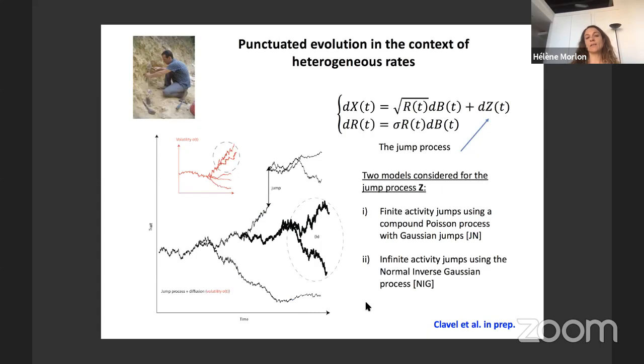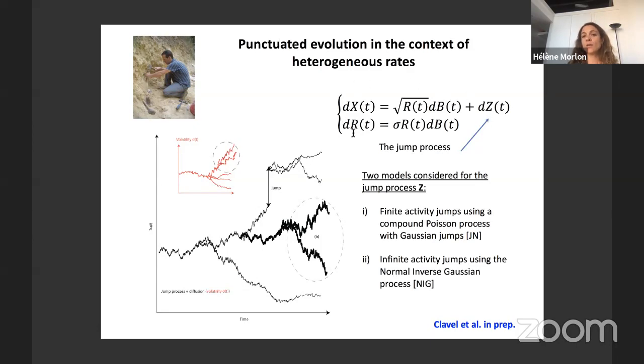However, we can think that these types of punctuated evolution again don't occur in a background rate of phenotypic evolution that is homogeneous across lineages, but on the contrary, on a background that is variable across lineages. So in the type of models that Julien developed, he added this jump process.